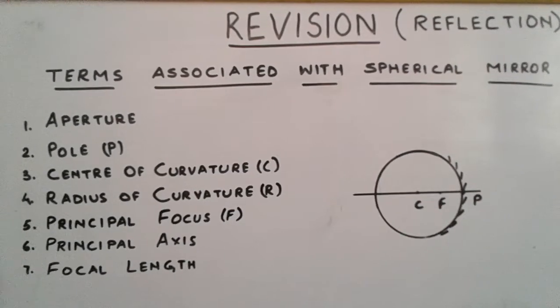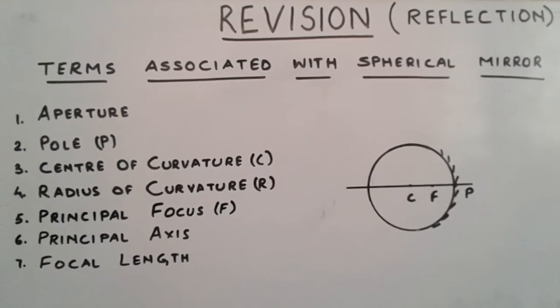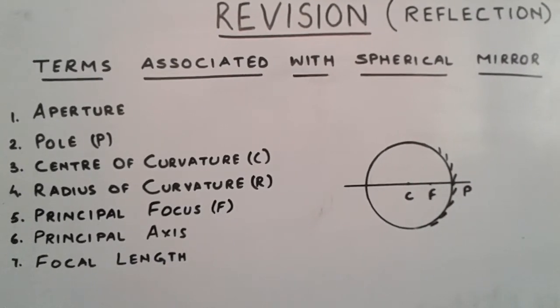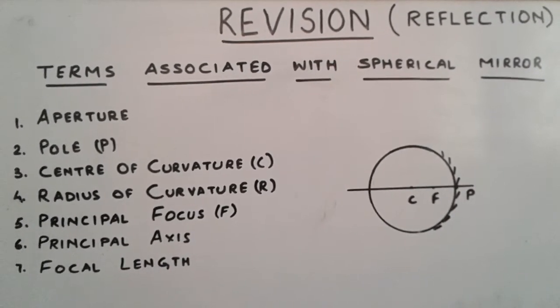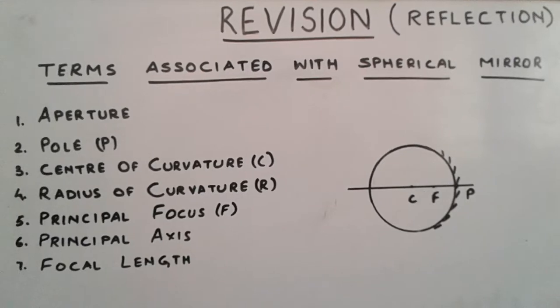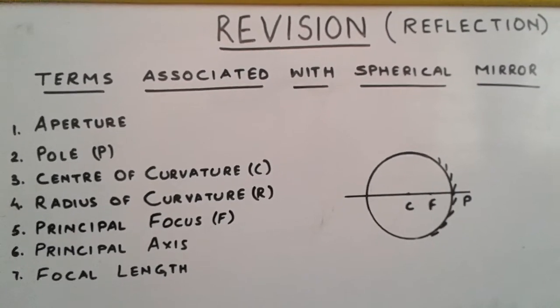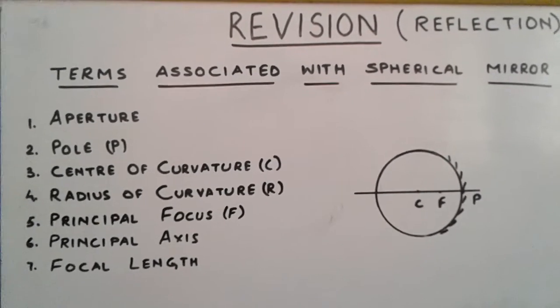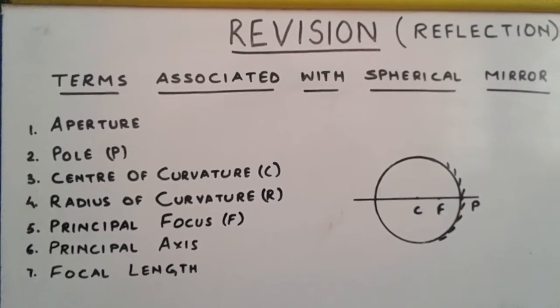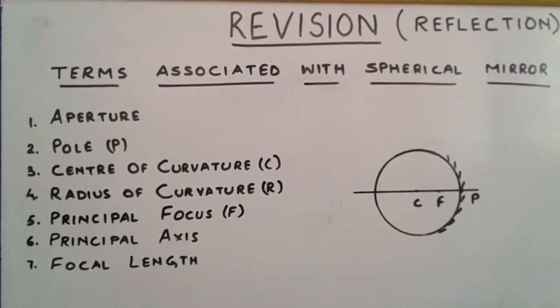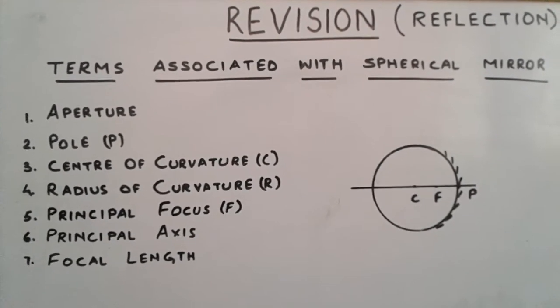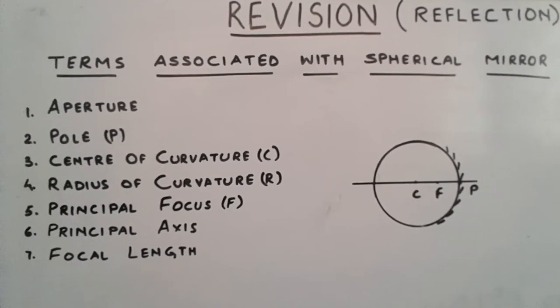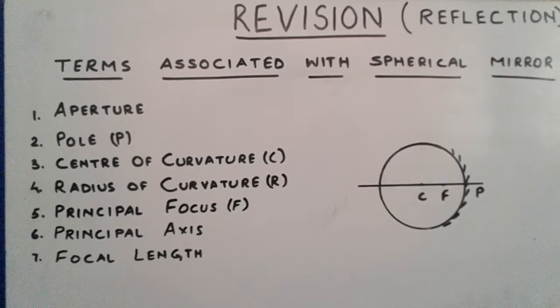The next is the terms associated with the spherical mirror. These are the 7 points that we have discussed. The spherical mirror is formed from a hollow sphere; a section has been cut and then it has been polished. This particular part, which tells the size of the mirror, is known as the aperture. Then the pole, and the center of the spherical mirror, the center of curvature, that is the center of the hollow sphere.